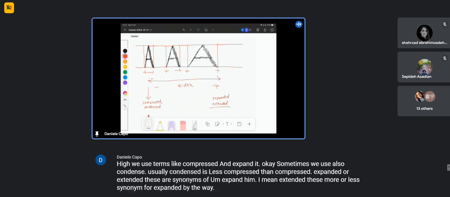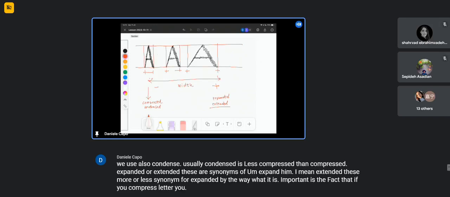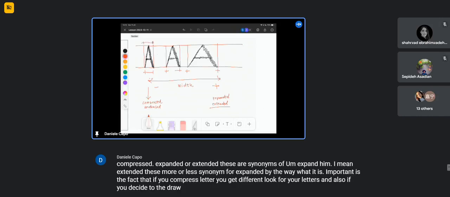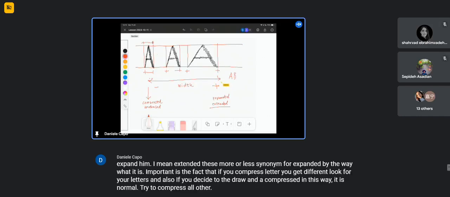By the way, what is important is that if you compress a letter, you get a different look for your letters. And if you decide to draw an A compressed in this way, it is normal to try to compress all the other letters.